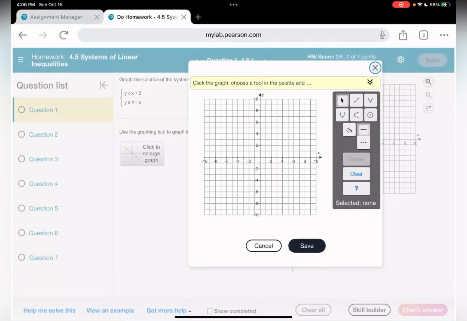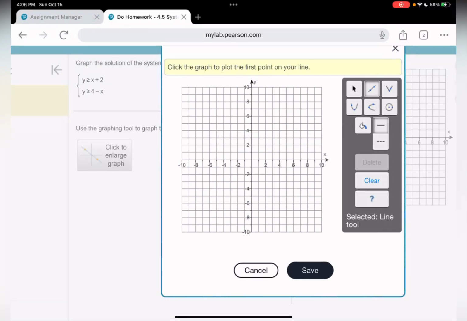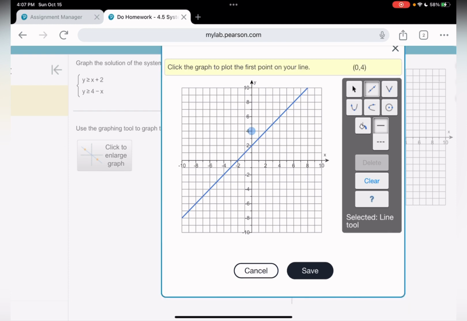So I'm going to graph x plus 2. This is 2. I'm going up by 1 and then going this way by 1, and I got the graph. Now the second one, it's going to be positive 4 because the intercept is 4, and then m is negative 1.